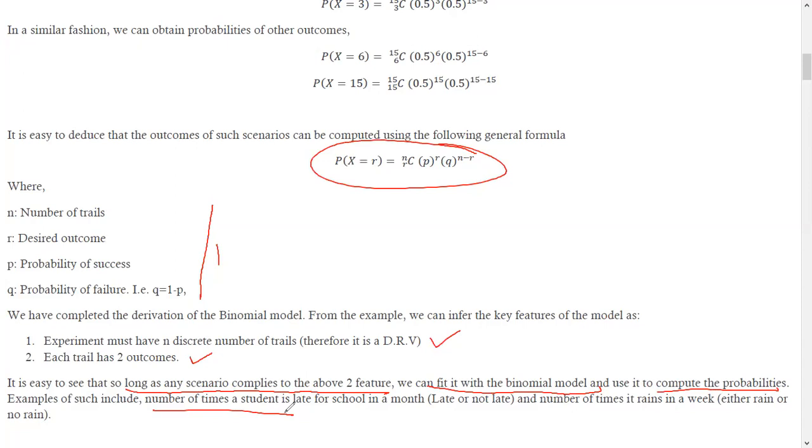Then you might be wondering, where is the statistics part? The statistics part comes from the value of P and the value of Q, which has to be determined statistically. We are going to use this model to calculate any scenarios that have n discrete number of trials, and each trial must have 2 outcomes.